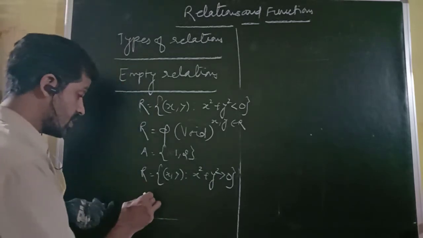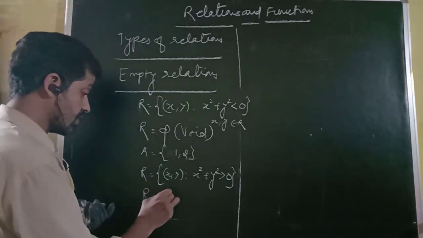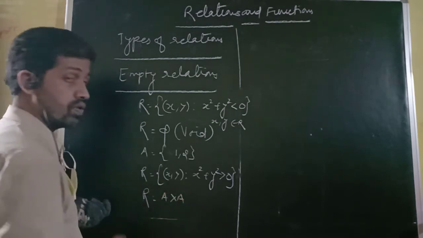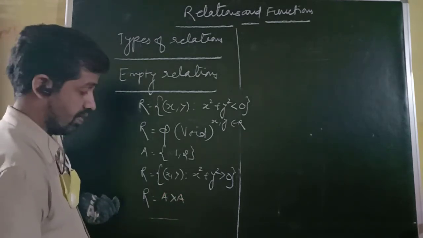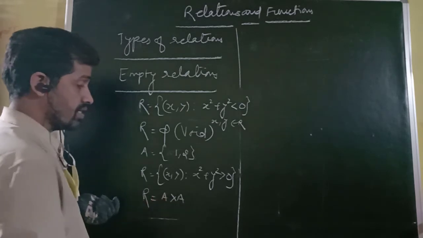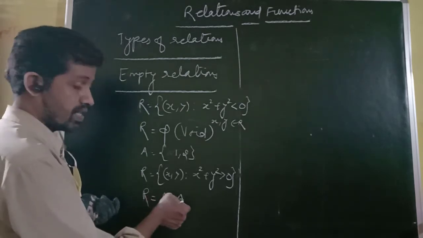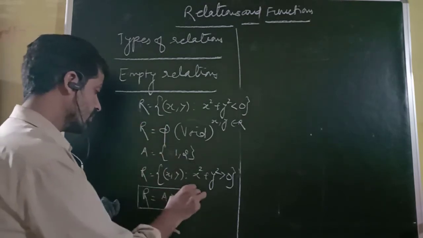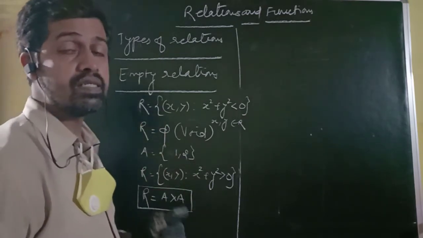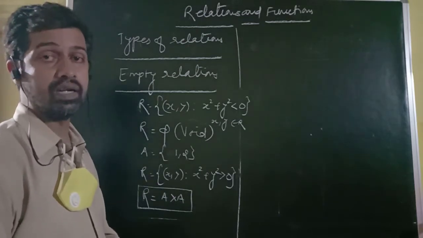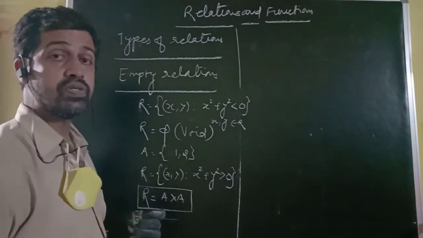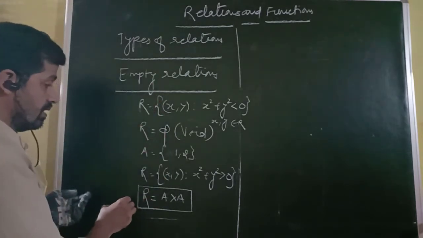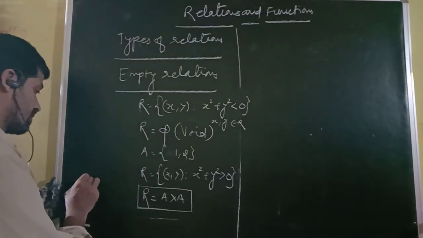This way we can say that this relation is actually equal to A cross A. And whenever a relation is equal to the Cartesian product of the sets on which it is defined, such a relation is known as a universal relation. I have continued with the empty relation, but this one is your universal relation.